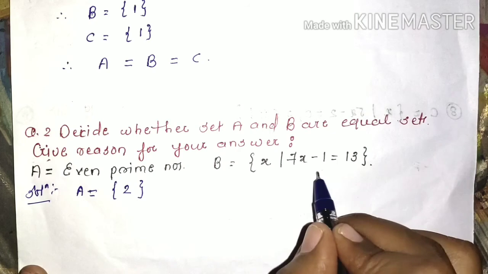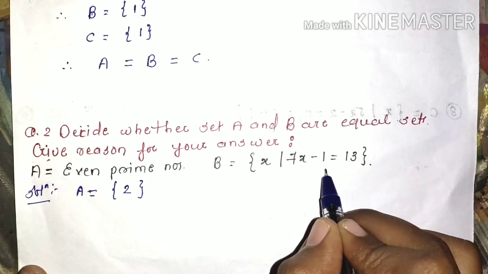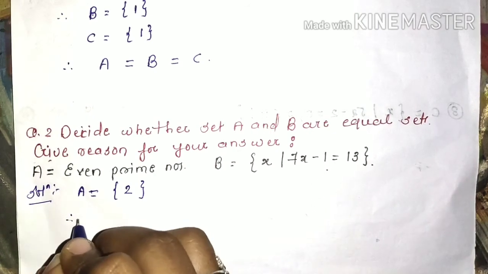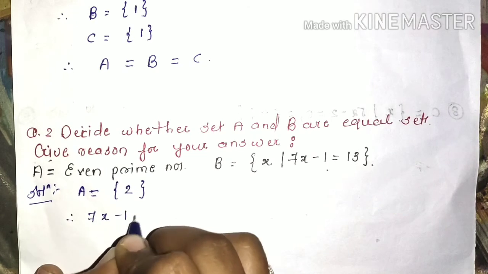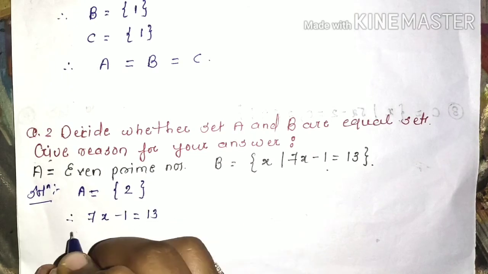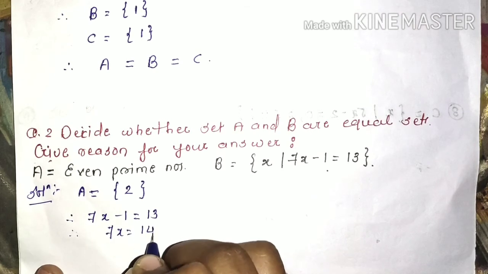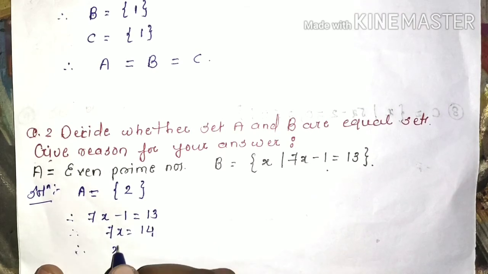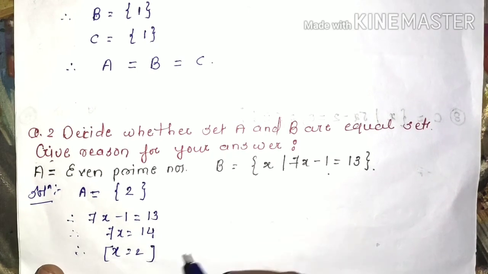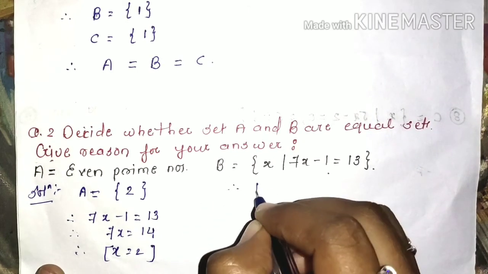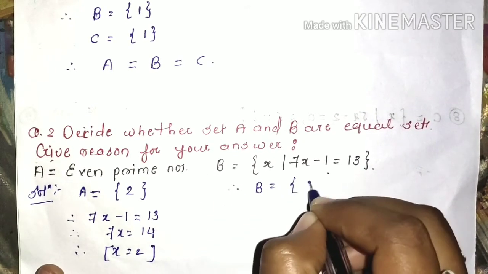Set B में एलिमेंट क्या क्या आने वाला है? फर्स्ट ऑफ ऑल वी हैव टू सॉल्व द इक्वेशन. So hence 7x minus 1 equals 13. So hence 7x equals 13 plus 1, we get 14. So hence x equals 2. So set B में एलिमेंट्स क्या क्या आएंगे? Singleton 2.